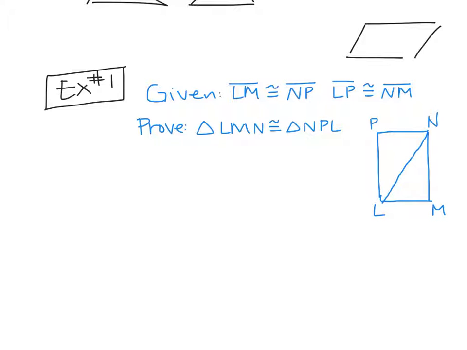If it's marked for you already, great, then that's less work to do. But if it's not marked for you, make sure you mark it. So LM congruent to NP, that would be this segment congruent to that. So top congruent to bottom. And then LP is congruent to NM.